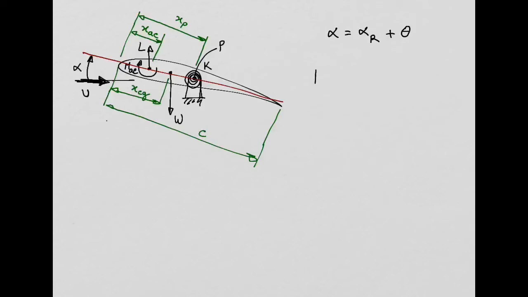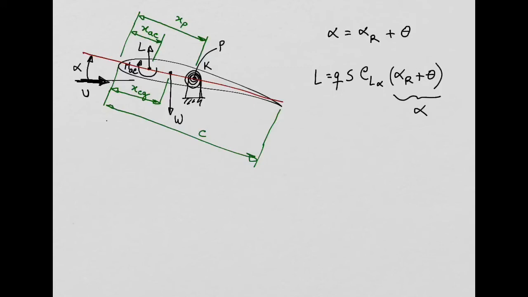So in my lift equation, I can say that my lift is equal to the dynamic pressure times the area times the slope of my lift curve times my angle of attack alpha, which is alpha r plus theta. Okay? So this term here is my total angle of attack. Nothing special so far.